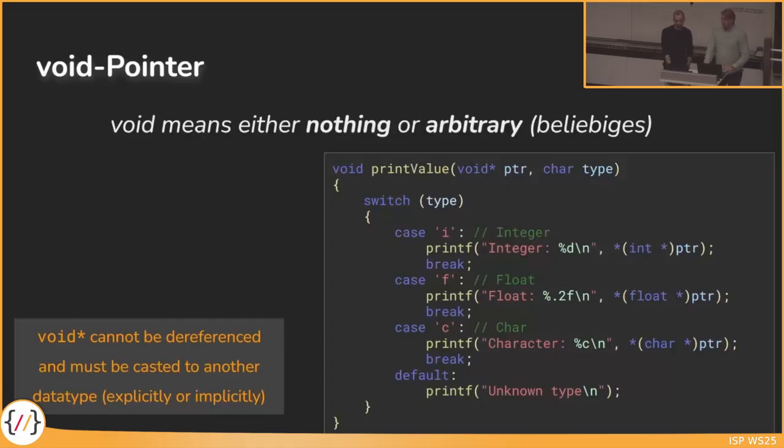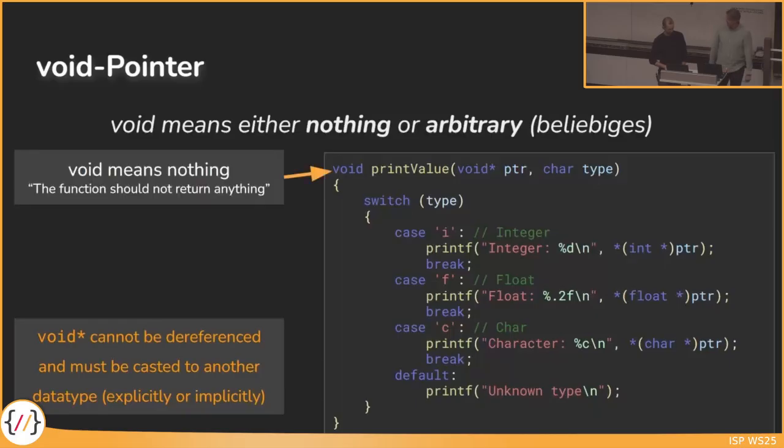We have an explicit typecast to an int pointer if the data type is int, a float pointer if it's a float, and a character pointer if it's a character. But the cool thing is that we can pass the void pointer and later on decide which type of pointer it really is. So that's really cool, and we will use that heavily from now on.